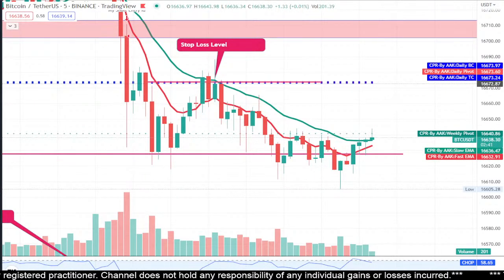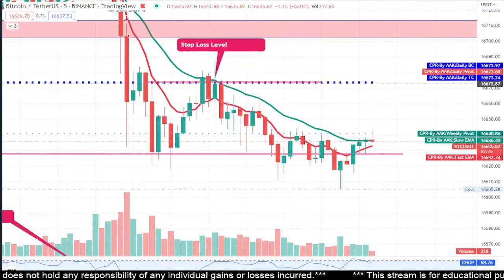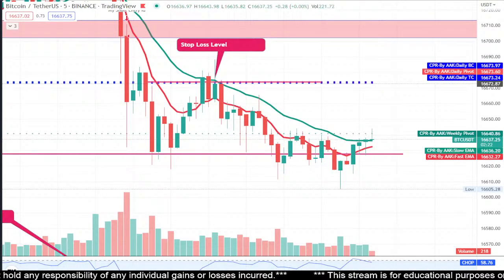And right now, because this candle is showing a resistance at the weekly pivot, which is a very strong level because it also has a 20 EMA right next to the pivot, it means that the price is not going up. Right now see the candle is turning red, and we still have another 2 minutes to verify the price movement.